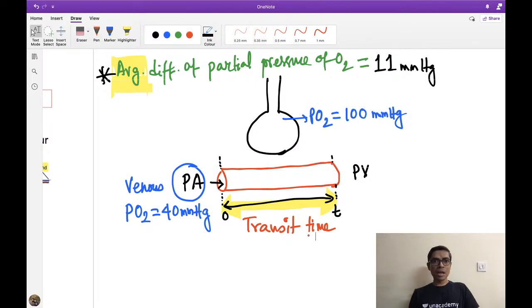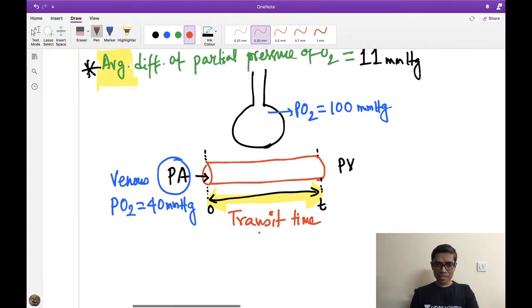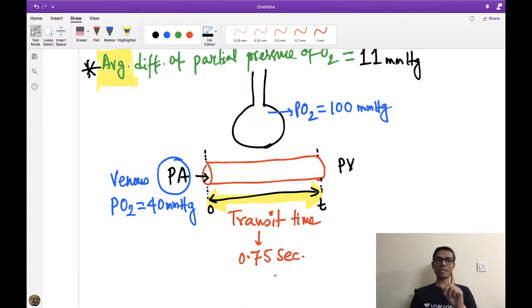So if the question is how much time the blood or the RBC remains at the level of pulmonary capillary, your answer will be the transit time, and this is 0.75 second. This can be a future MCQ. Please remember, this is 0.75 seconds, right?